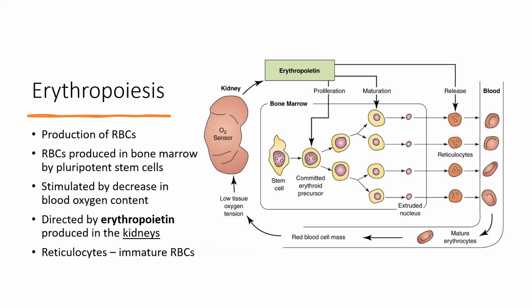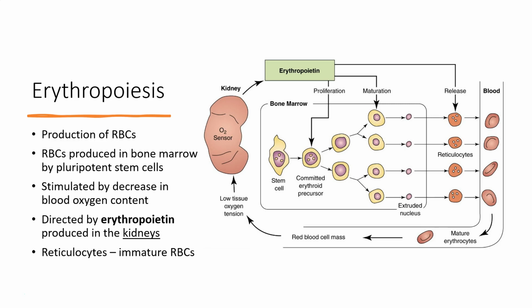The production of red blood cells is called erythropoiesis. Our red blood cells are produced in our bone marrow by what we call pluripotent stem cells. These pluripotent stem cells can then become erythroblasts, or precursor cells.